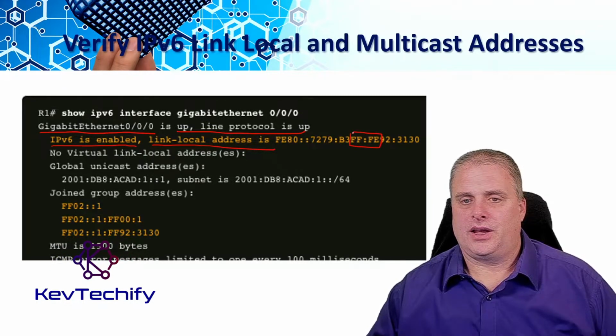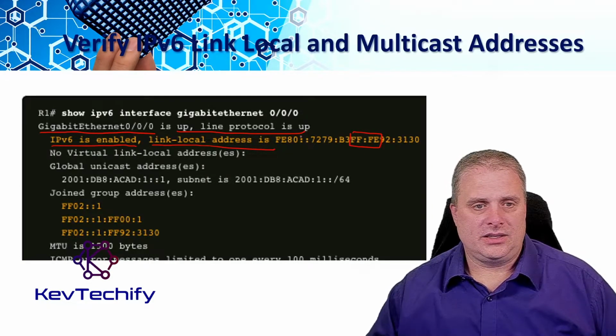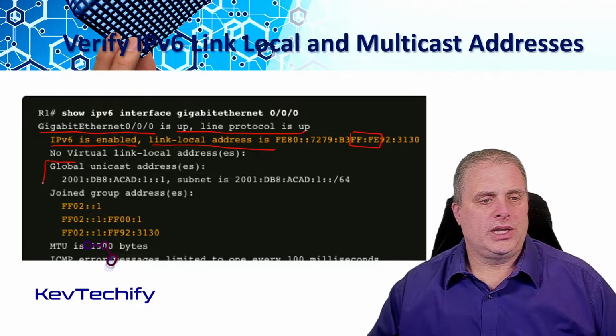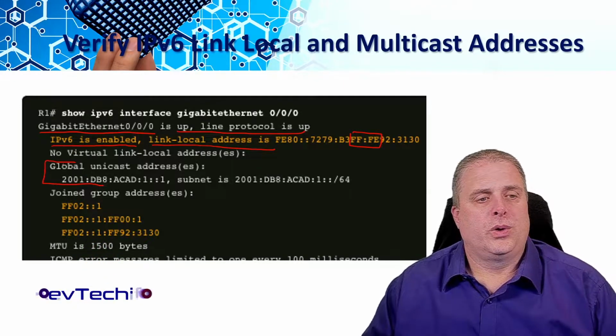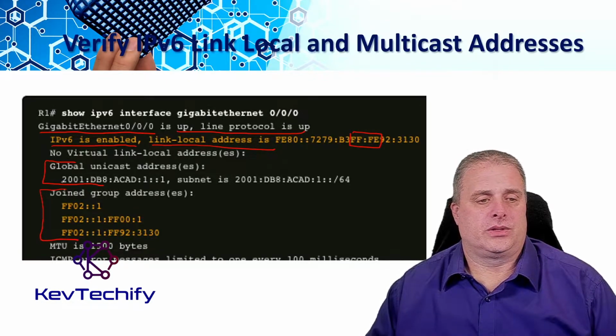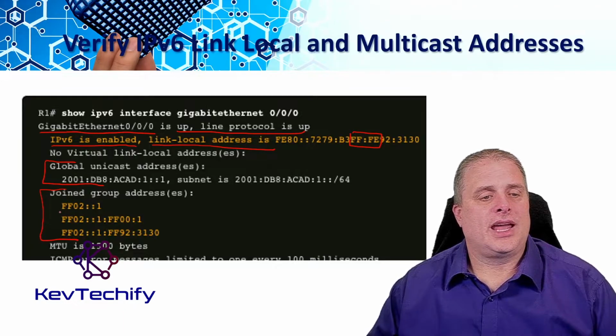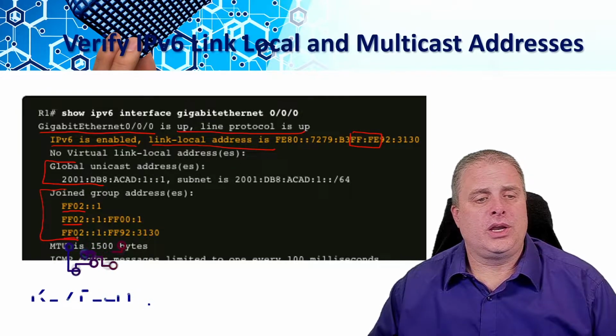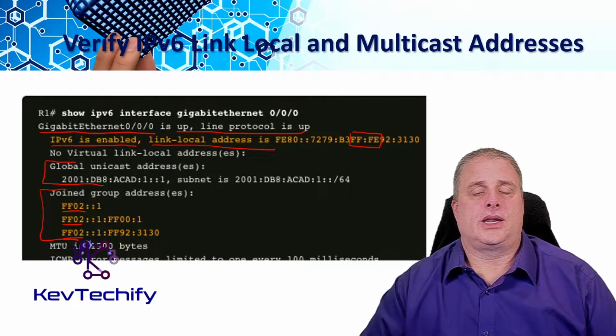We have the FFFE in the center there, so this is our link local address assigned to it. Here's our global unicast address. You went in and you set that address manually. And then down here we have our multicast address. Once again, an IP version 6 multicast address starts with FF02, and we see that we are part of 3 IP version 6 multicast addresses.